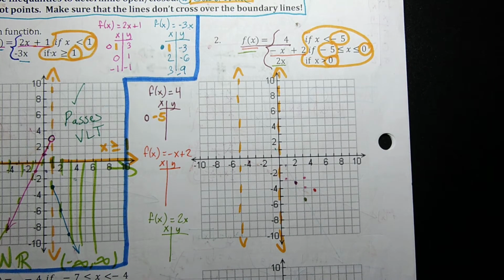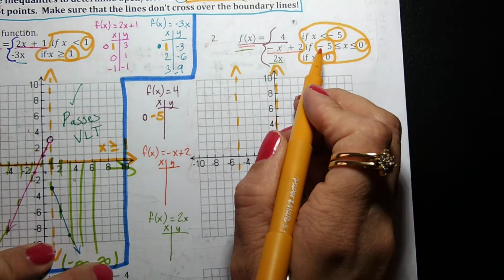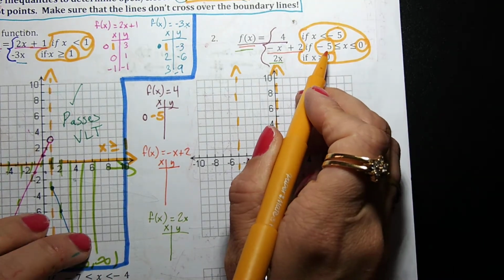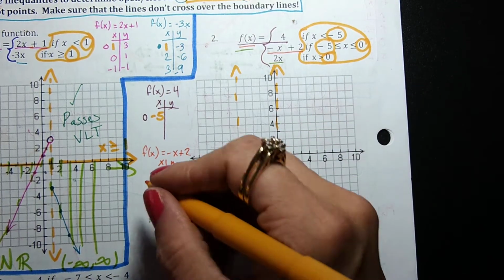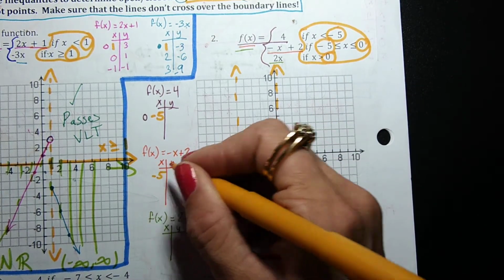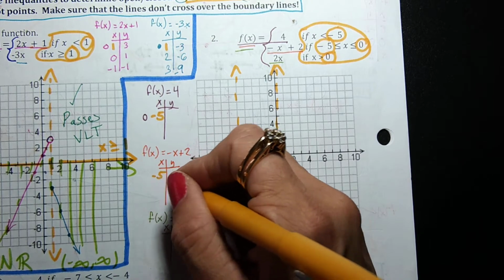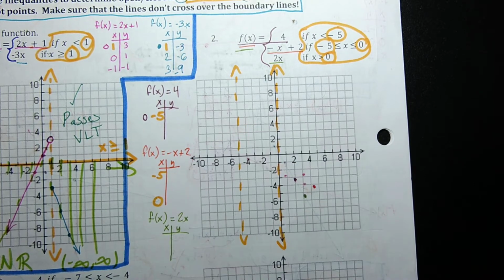Moving on to our next table. This one has 2 bound values. It has -5 and 0, and the other x values it can have are sandwiched in between. We're going to write -5 first. We're going to leave space for a second number, and then we're going to have 0.